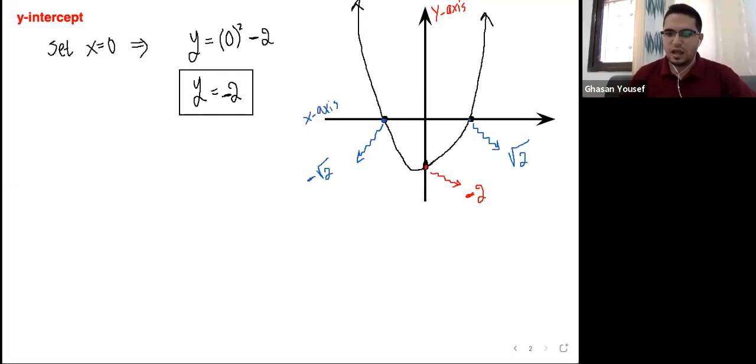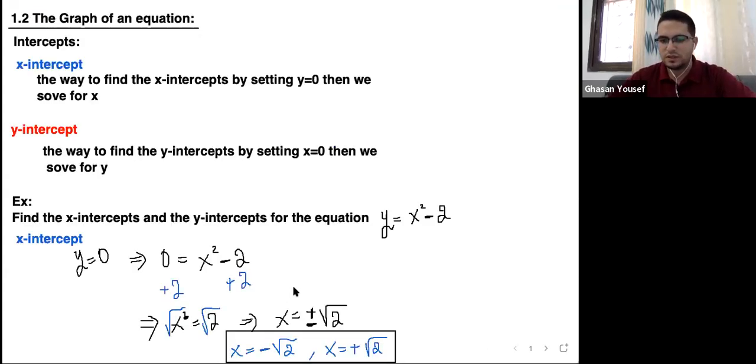Here I got a question: how did you get the square root of 2? The question comes from Mariami. First of all, for the x-intercept, we set y equals 0. So when we set y equals 0, I get x squared minus 2.